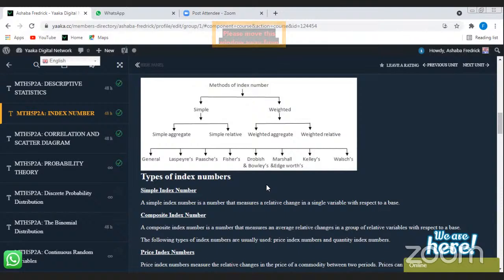Next one. Composite index number. It is a number that measures an average relative change in a group of related variables with respect to a base. The following index numbers are usually used: price index numbers and quantity index numbers.